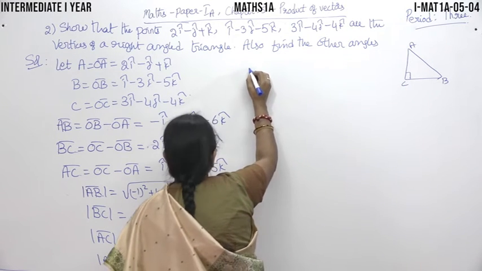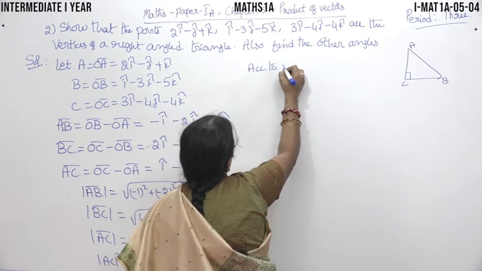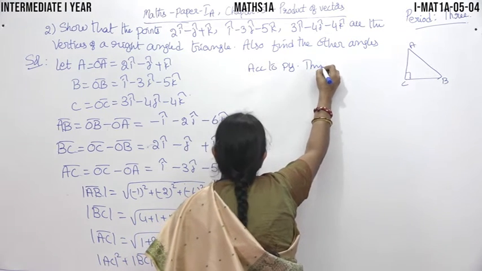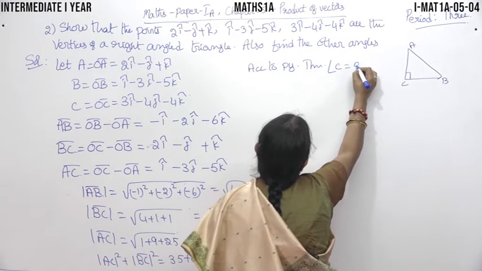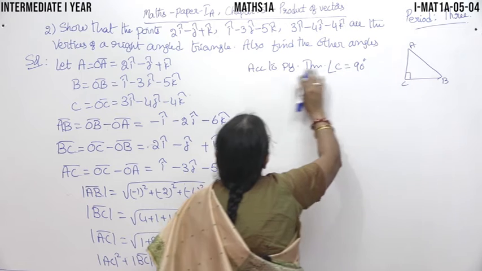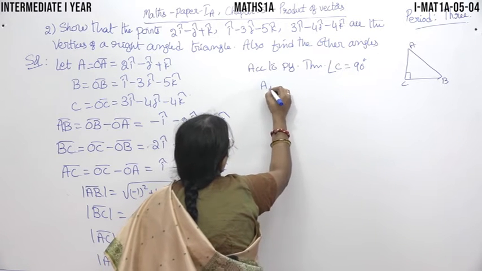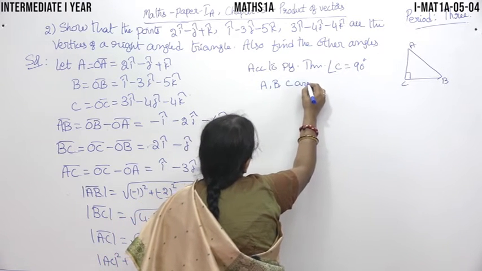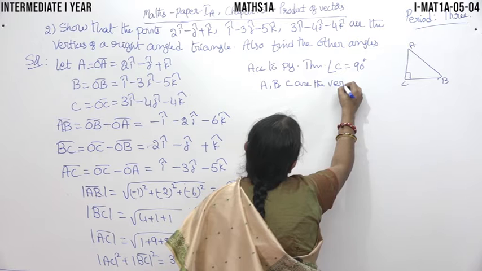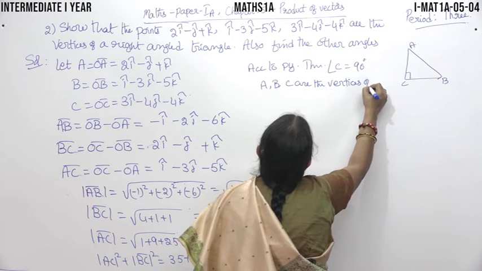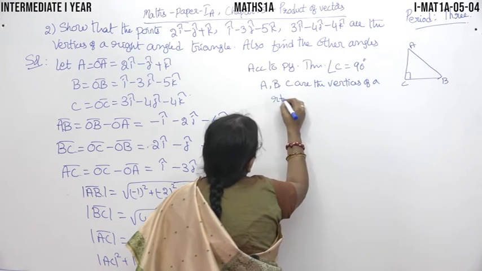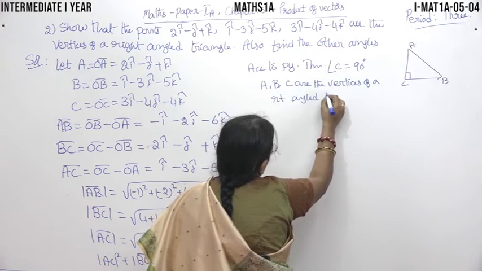So according to Pythagoras theorem, angle C is equal to 90 degrees. So A, B, C are the vertices of a right angled triangle.